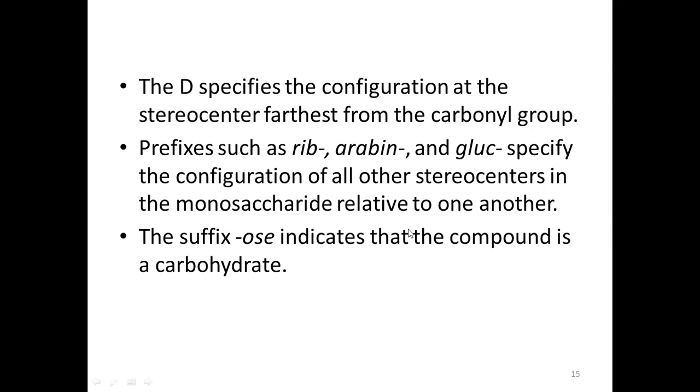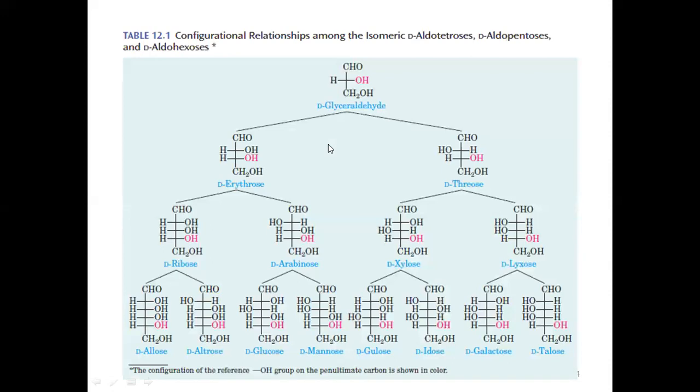The D specifies, from what we've learned about D and L, the configuration at the stereocenter farthest from the carbonyl group. This one. So this is where the D comes from, the OH farthest from the carbonyl, C double bond O. So this is where we refer our D from, the D-glyceraldehyde.